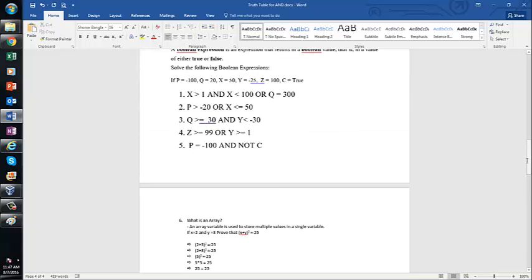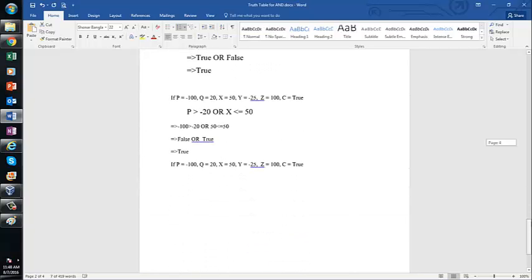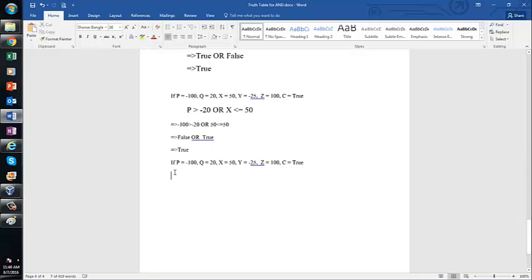Okay, let me bring the next question, number 3. So here again, let me bring that proposition sign. What is the value of Q? 20 greater than or equal to 30. And what is the value of Y?